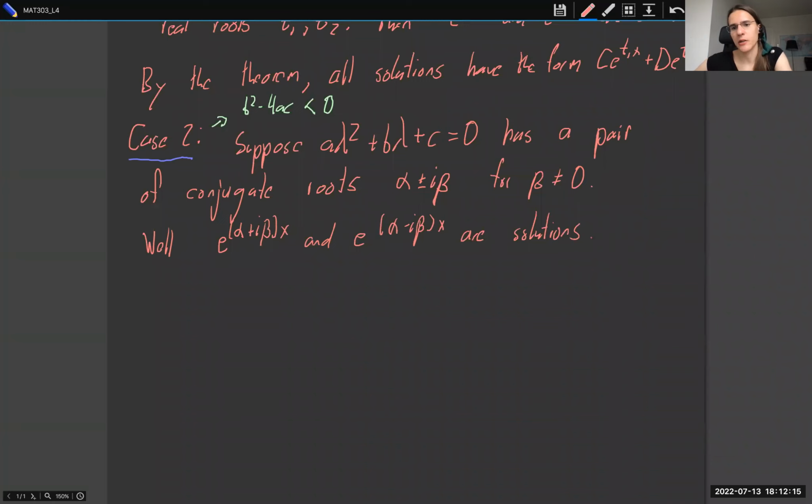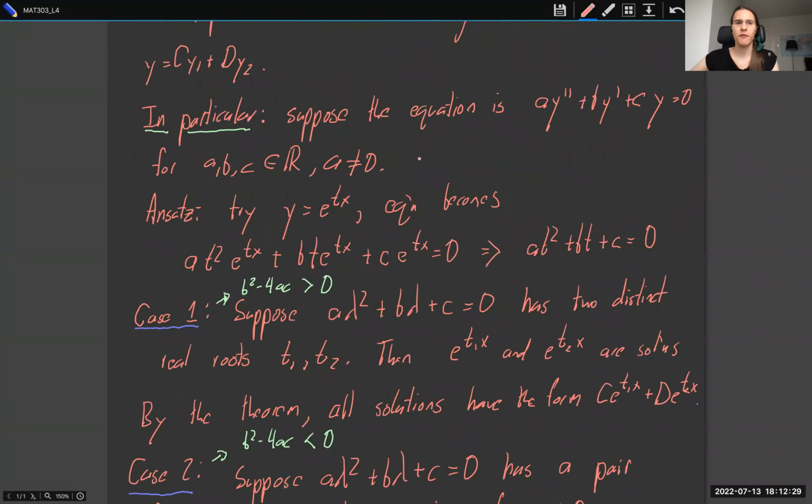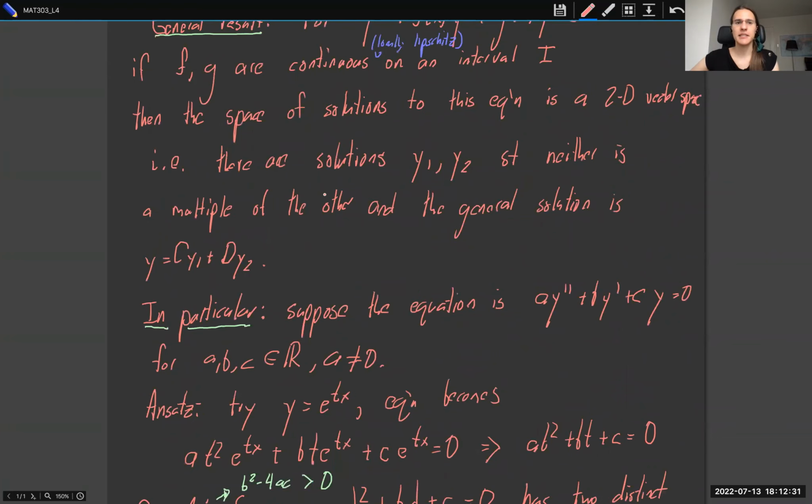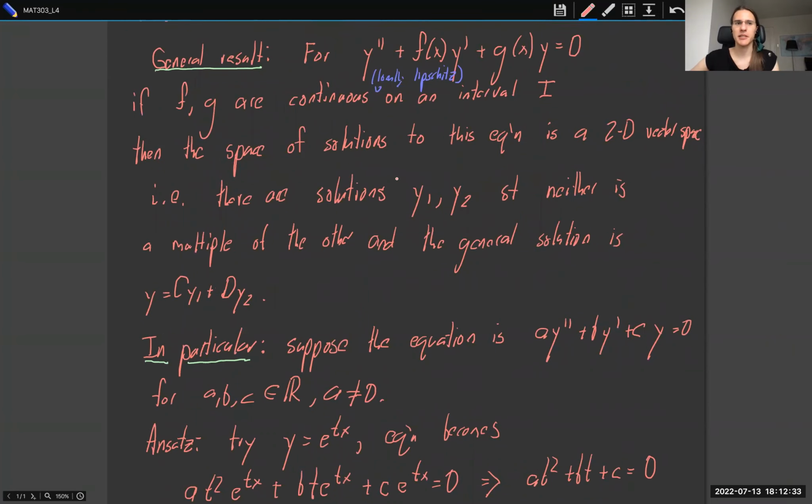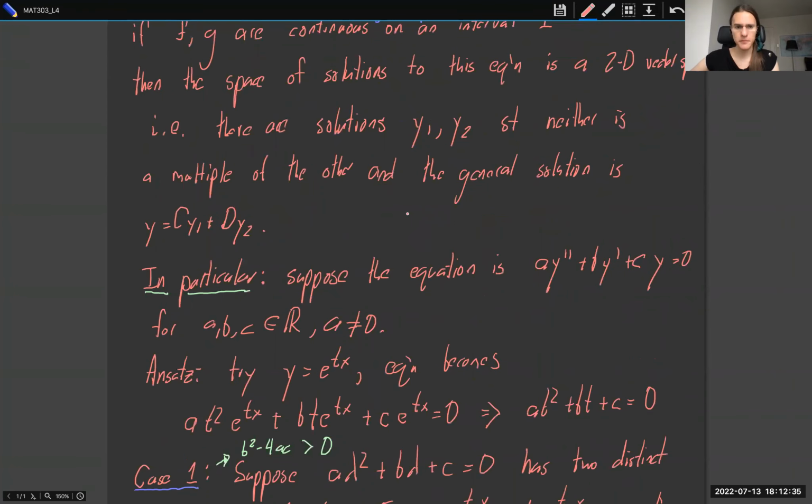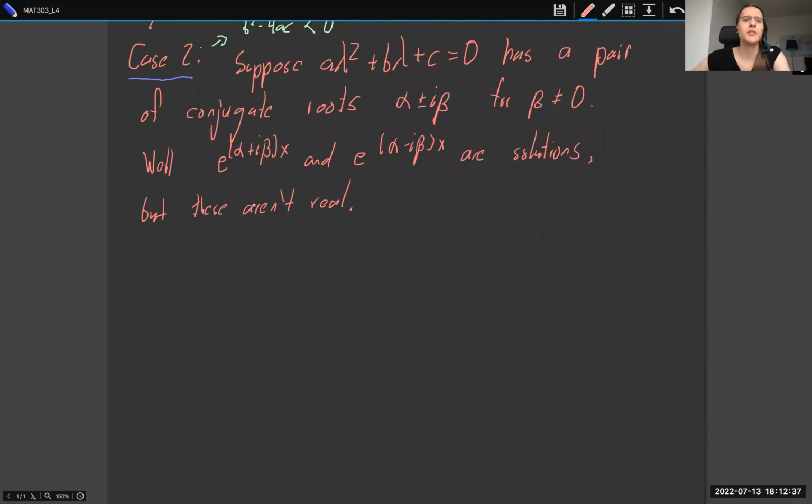But these aren't real. And that's a bit of a problem because we want the space of solutions to this equation in terms of real things, because this is the space of real solutions implicitly when I talk about the general results. So what are we going to do?